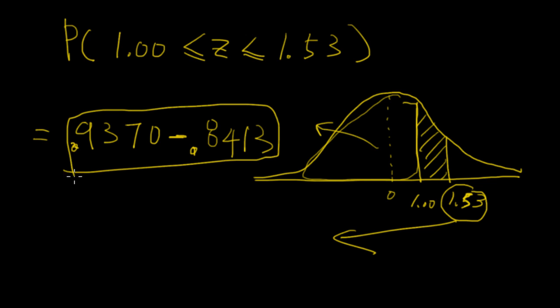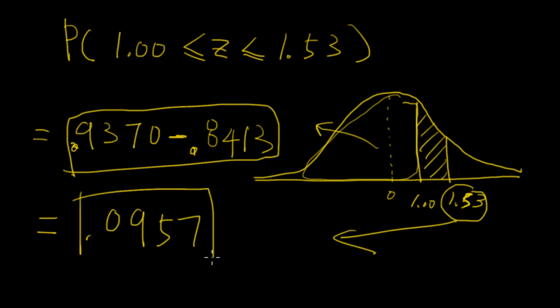That would be the area that we are looking for, the area in the middle. So if you just type it up in your calculator, then the answer should be 0.0957. That's the answer for this.